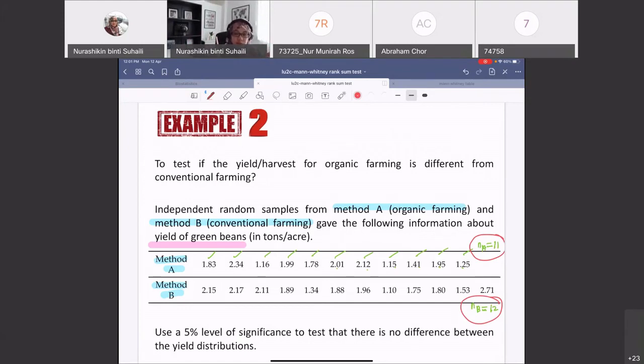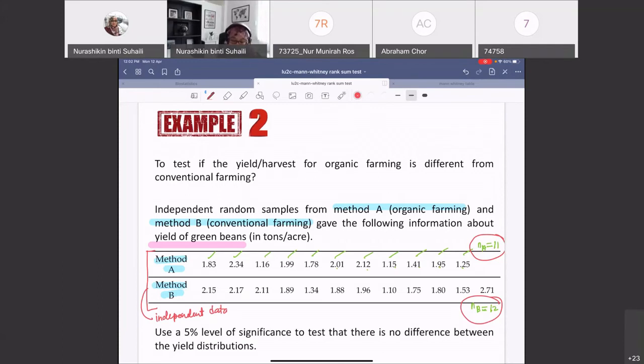If there are 12 points to be compared, there must be 12. It cannot be like this. So this is an indication that these are independent data. You cannot say these are matched because they have different sample sizes.